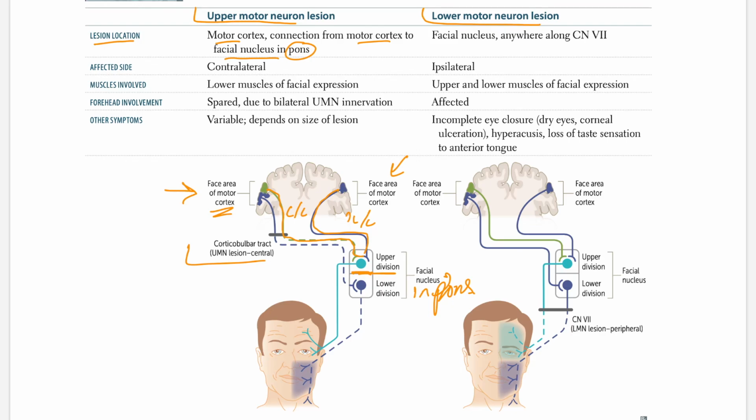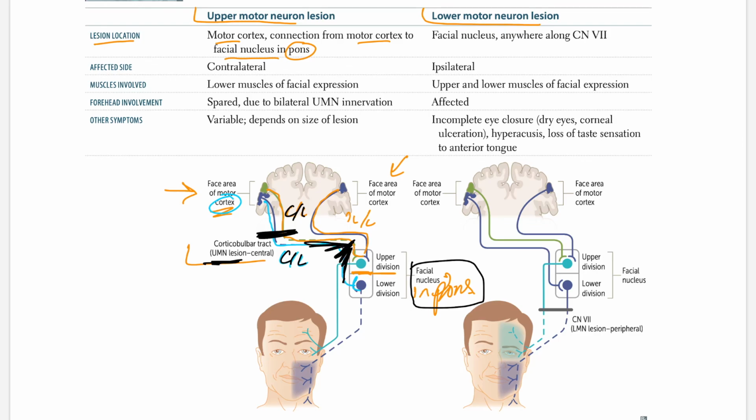Well, it's only supplied by the contralateral side of the cortex. So the important point is, if you knock out this here in your upper motor neuron lesion, you're knocking out all the contralateral supply to the facial nucleus in the pons.